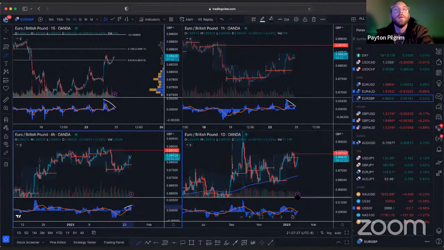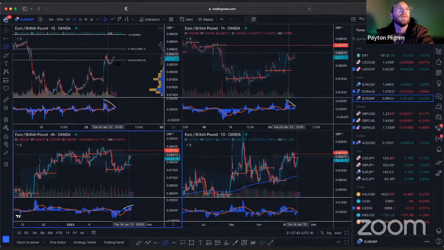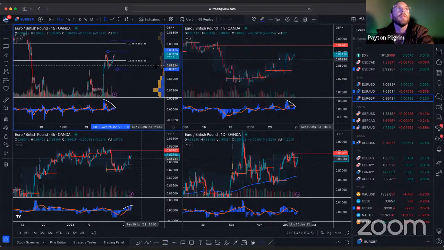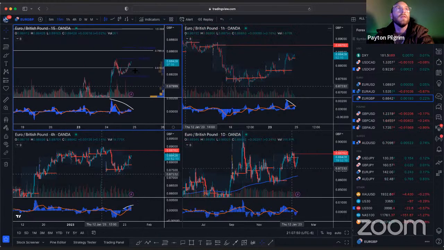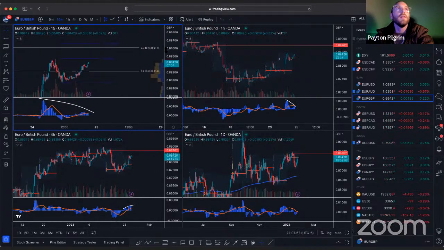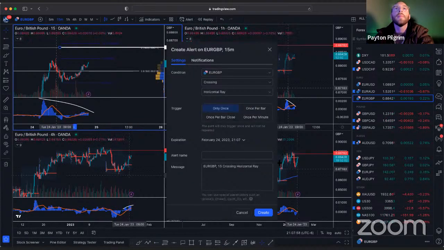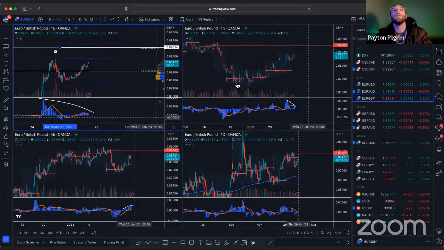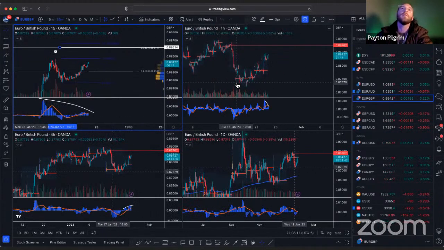So that could be bad. But the divergence lines up perfectly with the 78.6. So what I'm going to do is put an alert here. All right. That's a pretty good looking setup, to be honest.